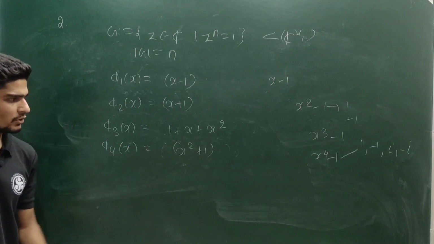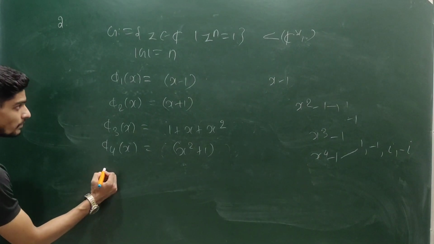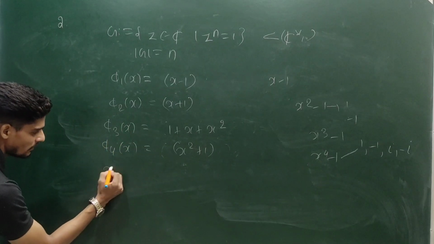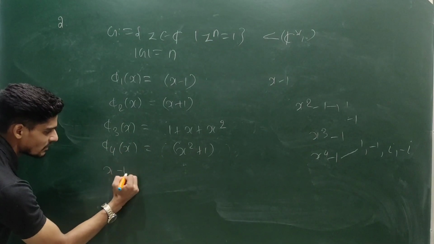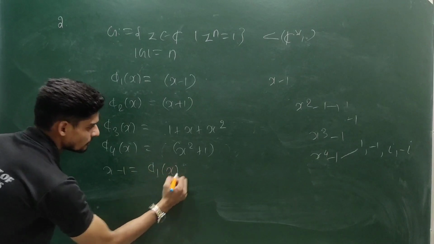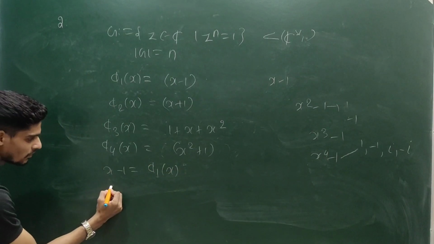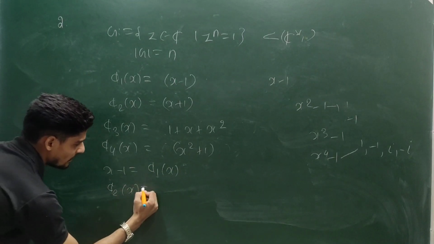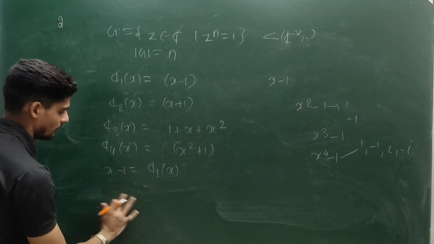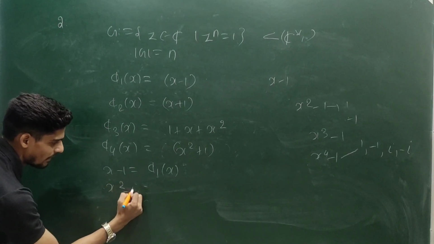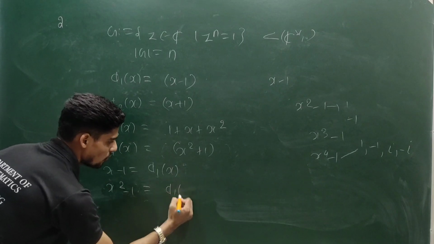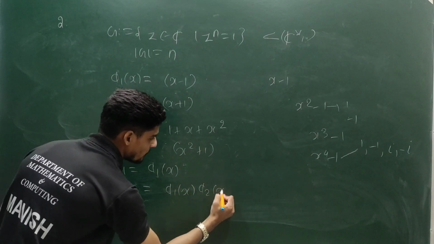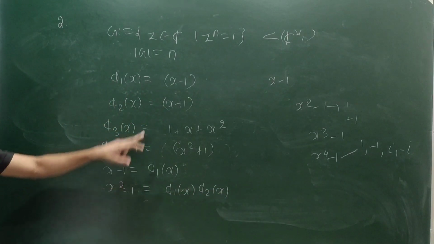But you can observe one more thing. See, x minus 1 is the same as phi 1 x. x square minus 1 is exactly the same as phi 1 x times phi 2 x. You can verify: x square minus 1 is (x minus 1)(x plus 1).